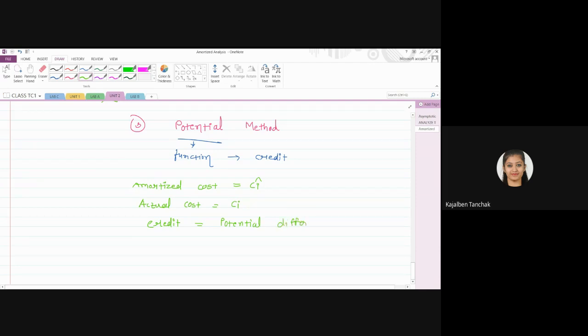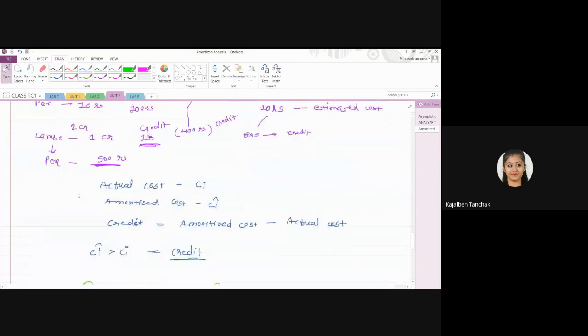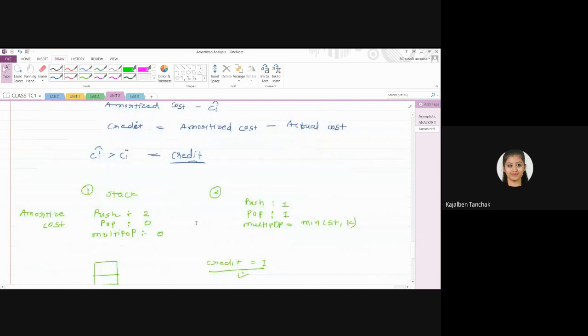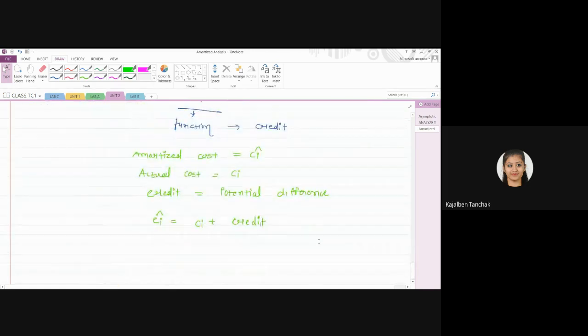Now how can you find the amortized cost? C_i hat equals C_i plus credit, right? In the previous method we saw credit equals amortized cost minus actual cost, so moving the actual cost to the other side, credit plus actual cost equals amortized cost.